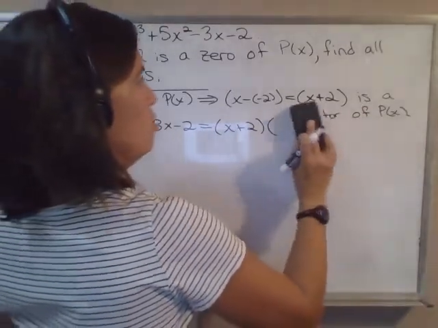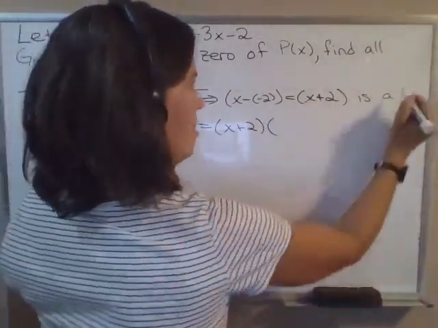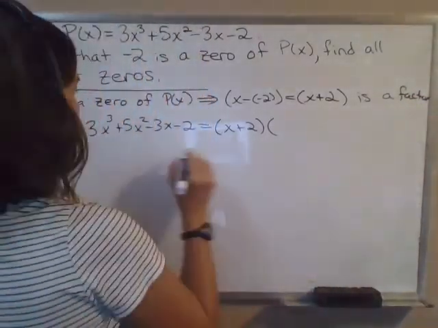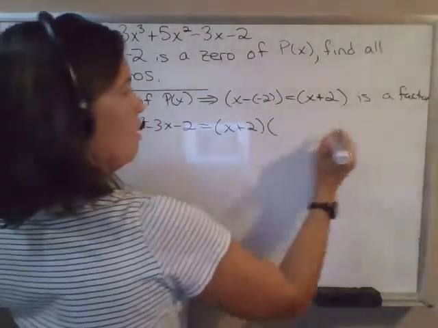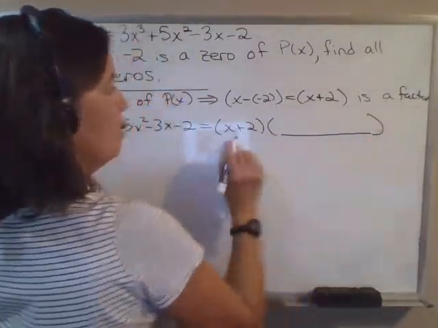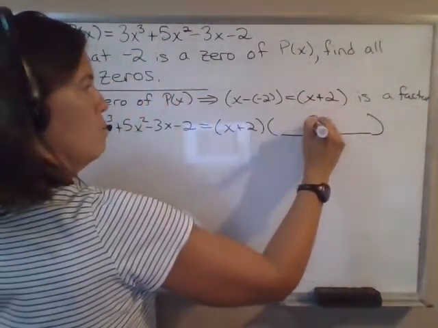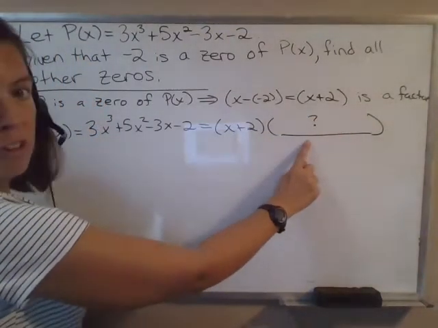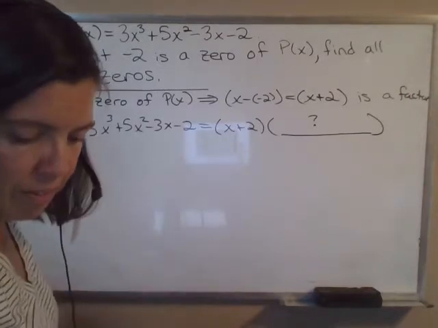If x plus 2 is a factor, that means that x plus 2 can be factored out, so that the polynomial is equal to x plus 2 times some other polynomial. And we would like to solve for this missing factor over here.